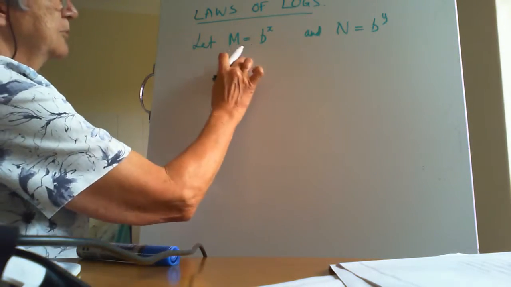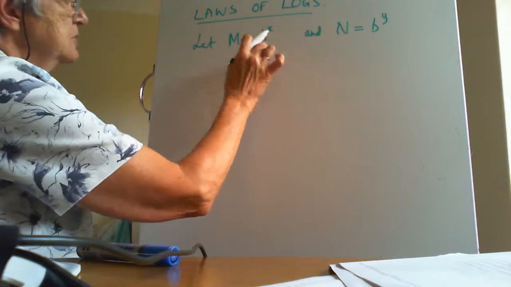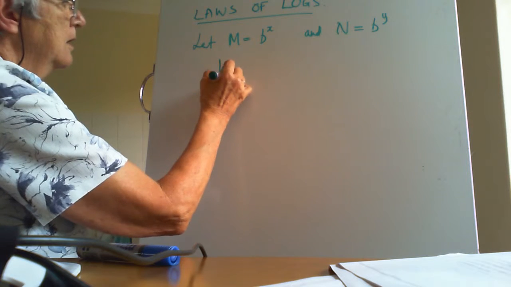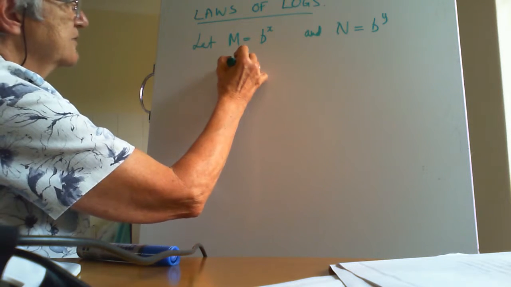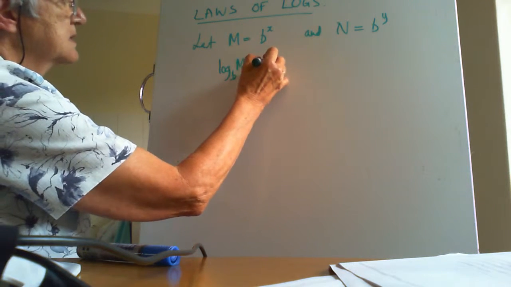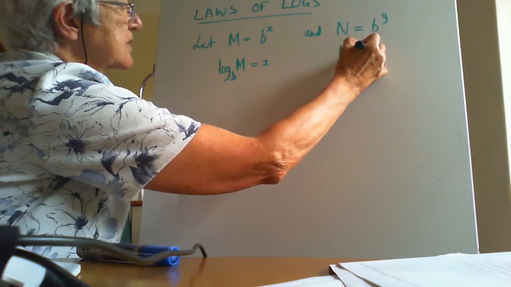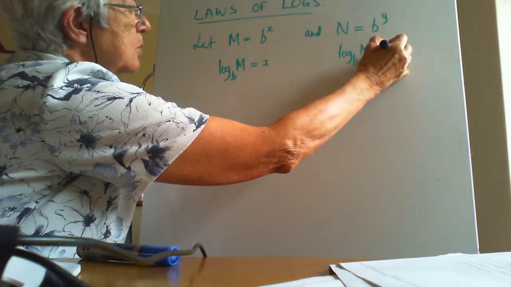And we're going to just rewrite these two statements in log form. So we're going to say the power of b which gives us m is x, and the power of b which gives us n is y.